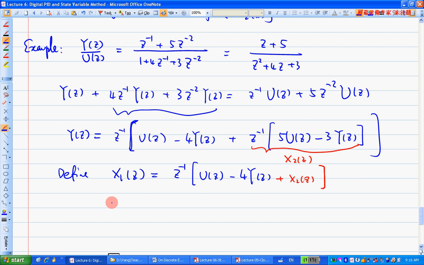So now you know what x2 of z is: z to the power of negative 1 times 5u of z minus 3y of z. So those are the two state variables.